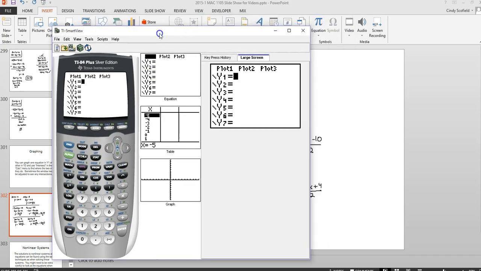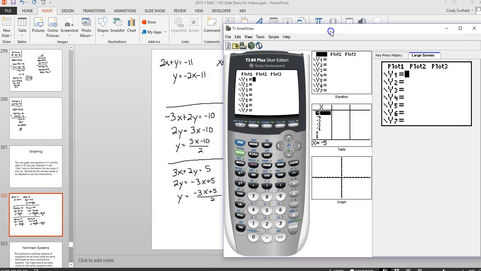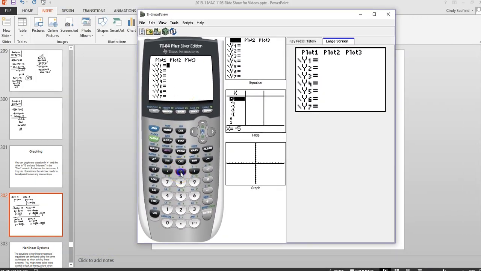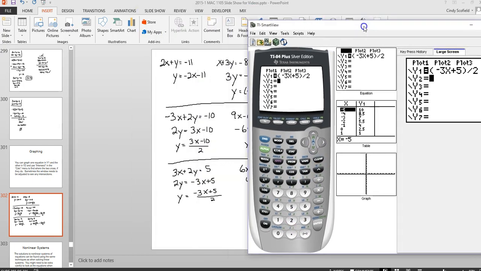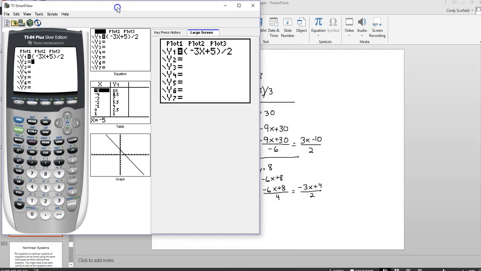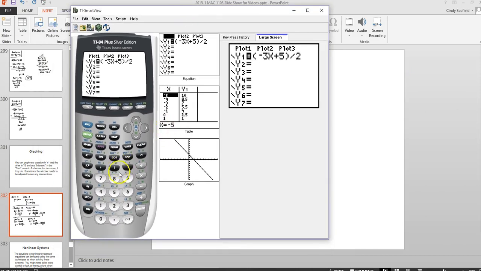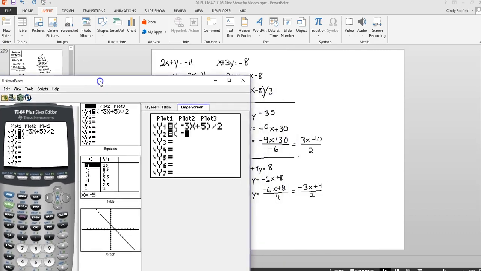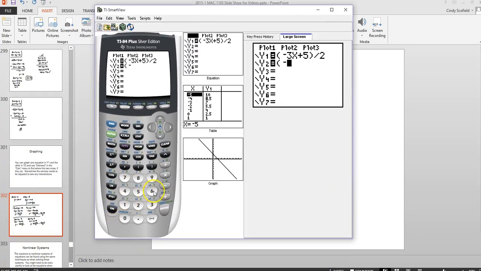All right, clearing it up. Negative 3x plus 5 divided by 2. And then the next one, negative 3x plus 4 divided by 2. Or heck, if you don't believe me, we can do negative 6x plus 8 divided by 4.